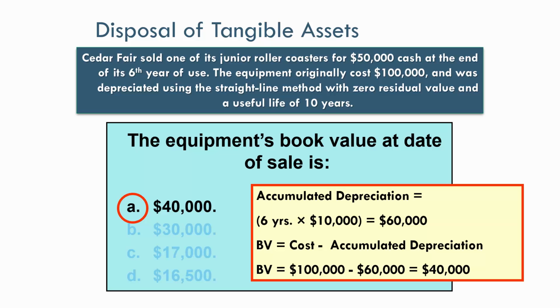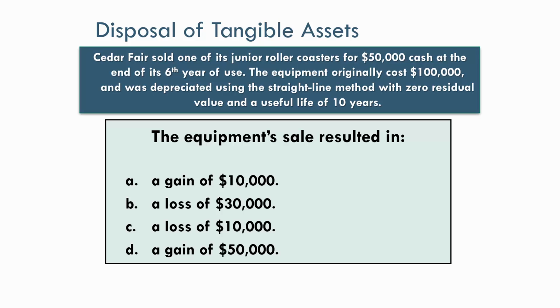If the book value of the asset is $40,000 now, and we get $50,000 cash, is this good or is this bad? If book value is $40,000 and the cash we get in is $50,000, remember, book value is what our original estimate was of our salvage value.